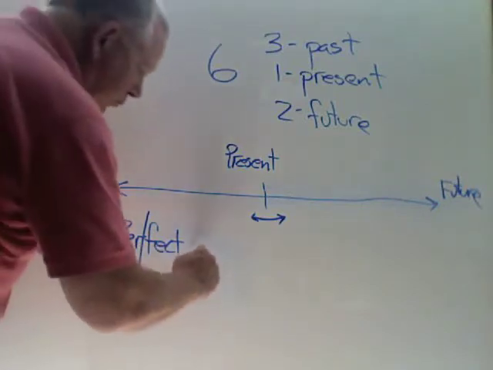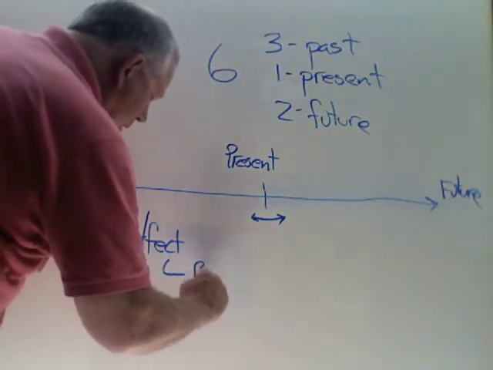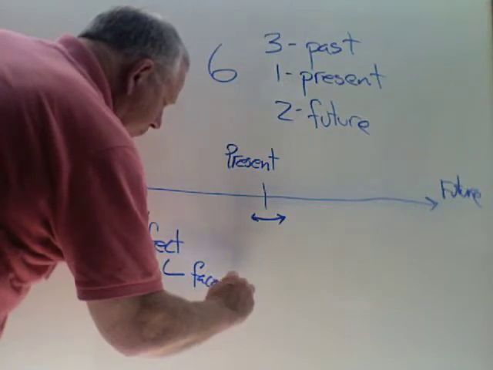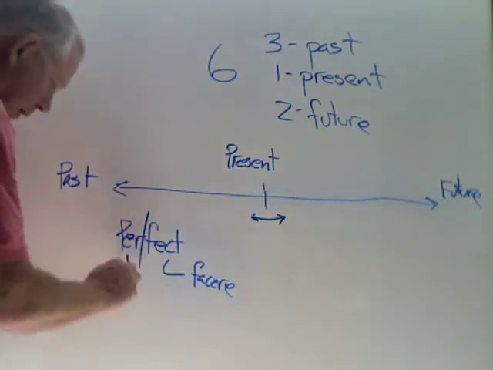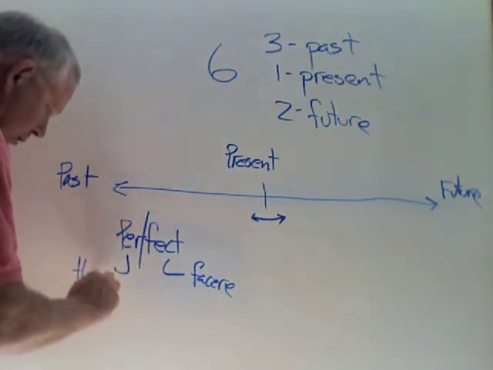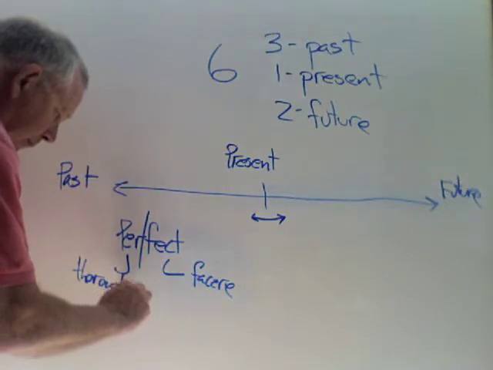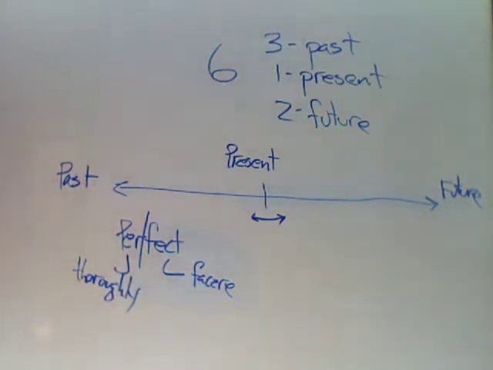Fect comes from facere, to make or do. Per, as a prefix, typically means thoroughly. Something that is thoroughly done is something that is completed.